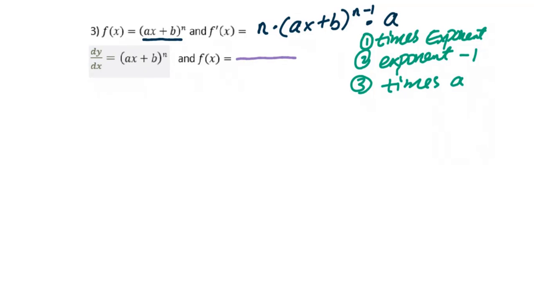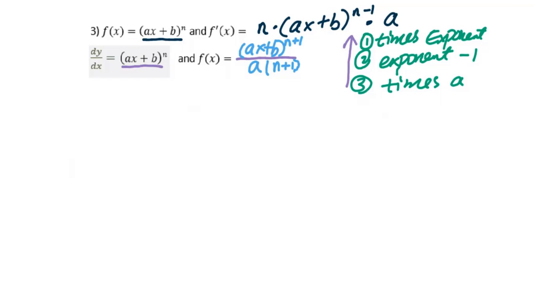Therefore, for dy by dx equals ax plus b to the nth power, we will do the backwards here. Times a, you have to divide by a. Exponent minus 1, you have to make sure your exponent, you plus 1. Then times exponent, you have to divide by the exponent.